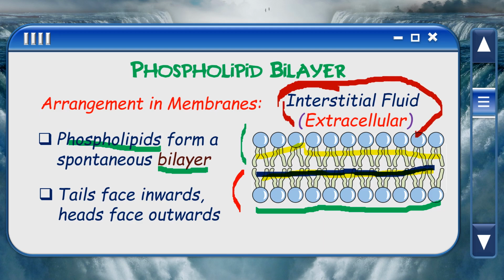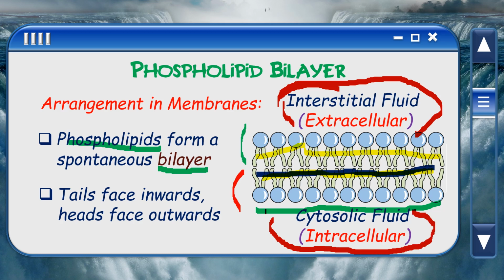The inner part is the cytosolic fluid, the interior, where we have the cytoplasm. So the tails face inwards, and the heads face outward.